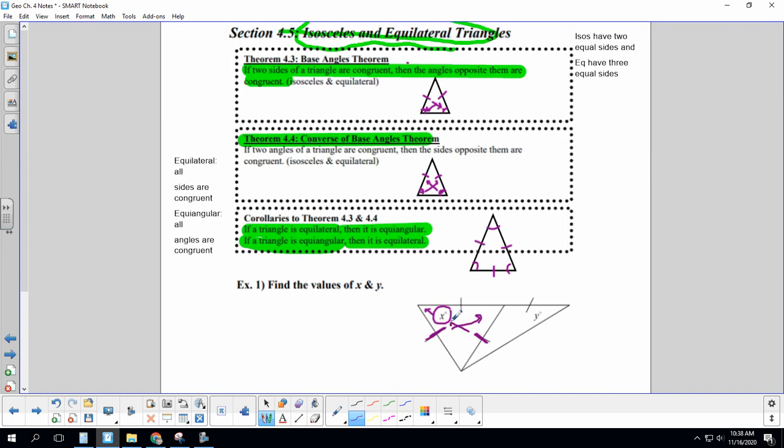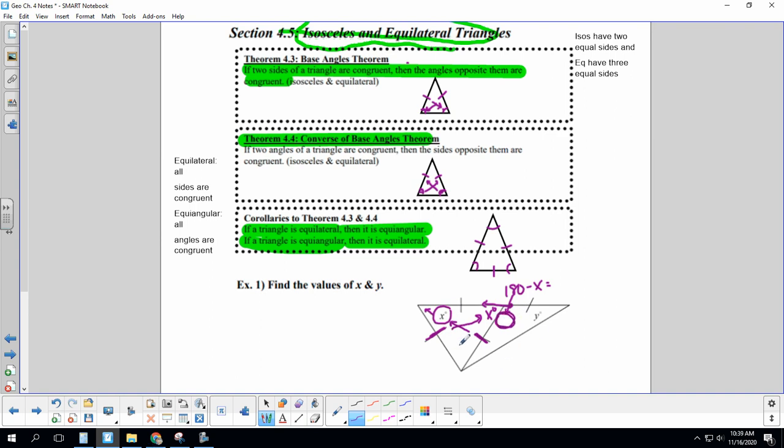So this guy is equal to x, and this guy is also equal to x. And this angle right here is equal to 180 minus x, because this is a straight line, and a straight line is always equal to 180. We subtract x from 180, and that is our missing angle.